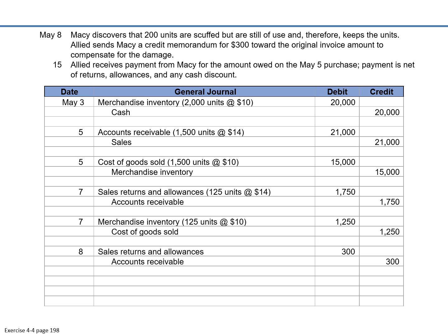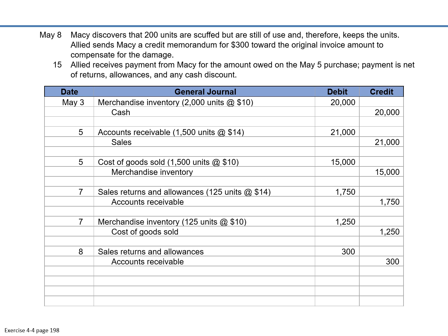Then on the 15th, Allied receives payment from Macy, so we receive payment for the amount owed on the May 5th purchase that's net of the returns, allowances, and any cash discount. So I think they paid within the discount period, so we're going to give them that discount.